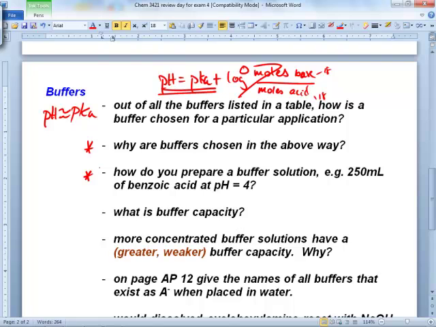So Casey, it's your first day on the job. A $25 an hour job at DPT. Okay, I want a benzoic acid buffer, and I want it now, and I want it at pH 4. What are you going to do?